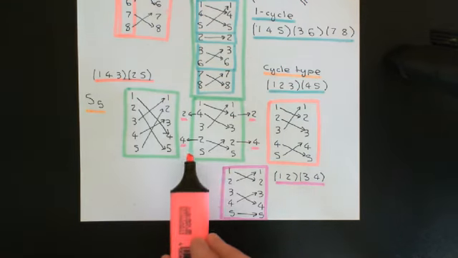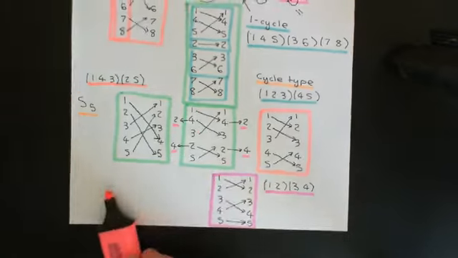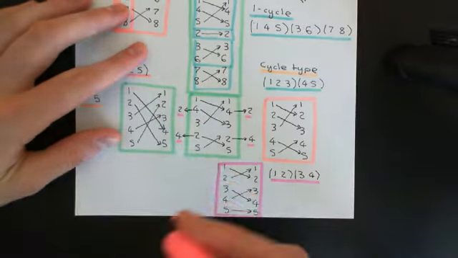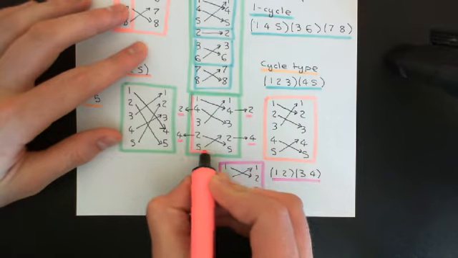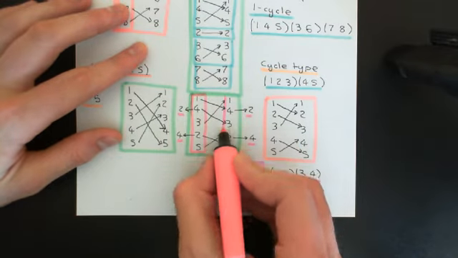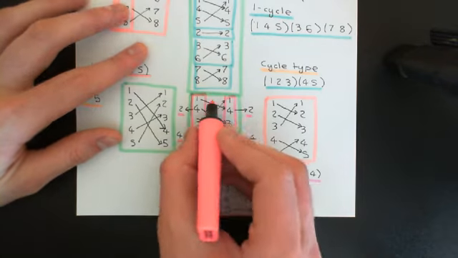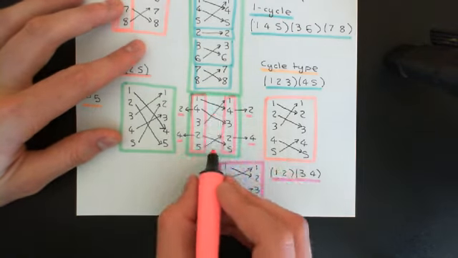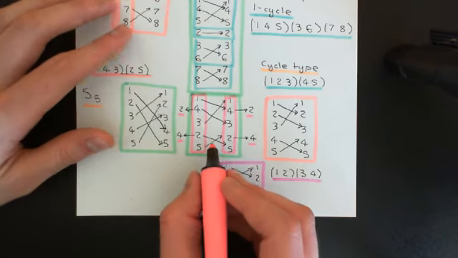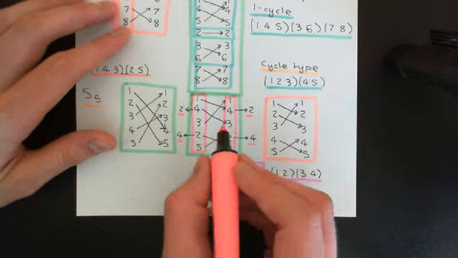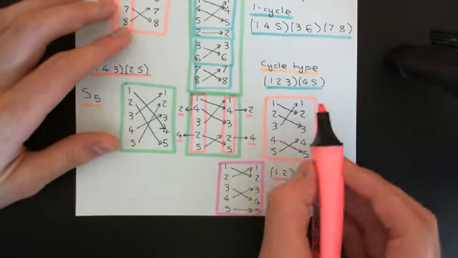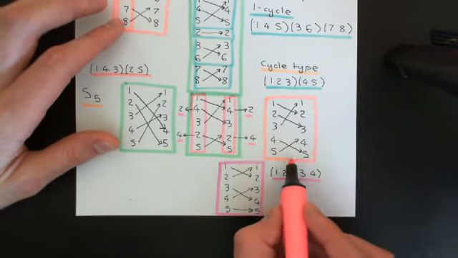Because when I relabel, all I can change is this bit, and I'll highlight this. When I relabel, all I can change is this bit and this bit. I cannot change this bit. The fundamental structure of the set permutation, this combination of arrows, I cannot change. So I can turn it into this one because this one has the same combination of arrows here.